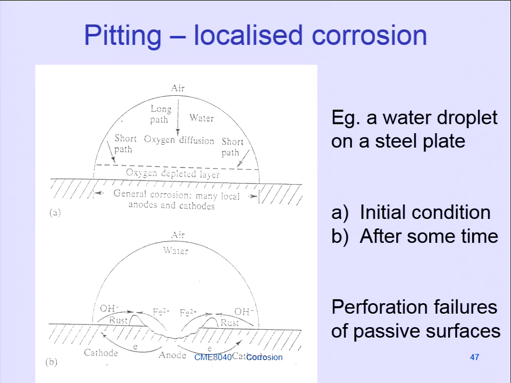So, alright. This is just a schematic showing the cross-section of a water droplet on a piece of steel. And what you've got is a situation where initially you get anodes and cathodes forming at random at different places on the surface.